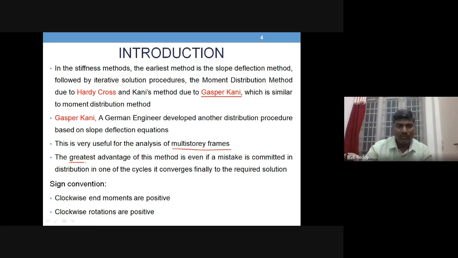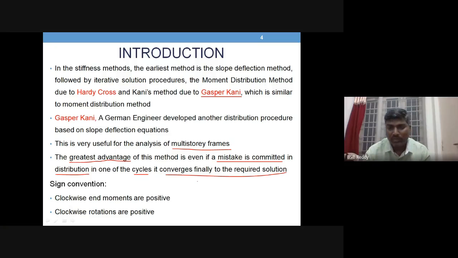And what advantage do you have now over and above the moment distribution method? If any mistake is committed anywhere in the distribution process, in any of the cycles, finally it converges to the required solution. That is the greatest advantage of this method.